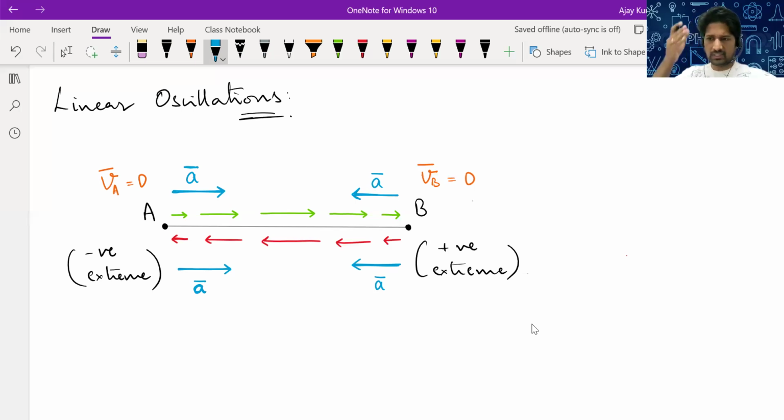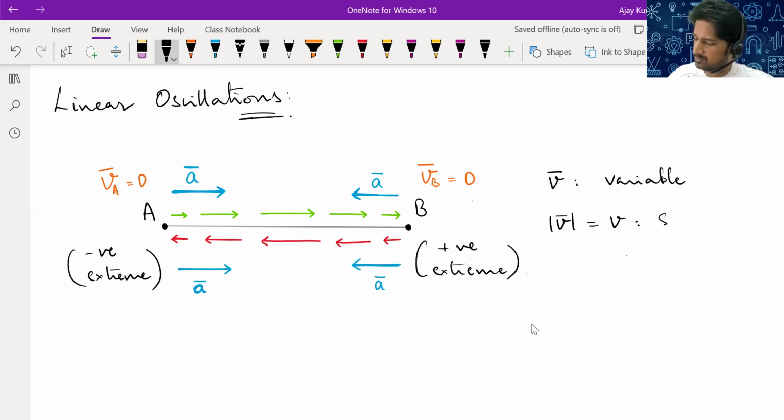So it stops at an extreme position, then gains velocity, and again stops at the other extreme. Therefore, the velocity of an oscillating object is variable. Not just as a vector, even the magnitude of velocity, which is basically speed, is a variable. Oscillating objects do not move with constant speeds.